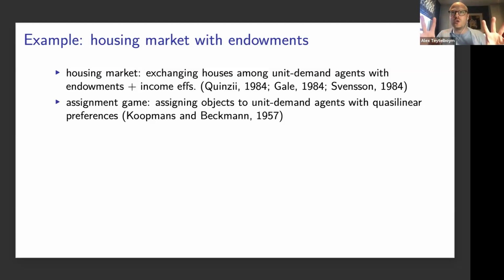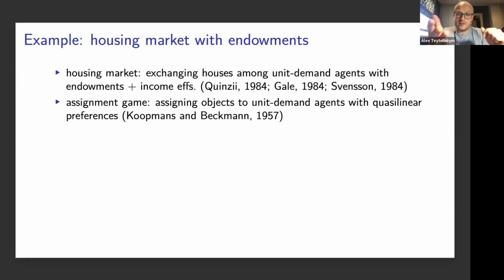So let's think about two very simple exchange economies in which agents want at most one house. Their utility function is a function of having some house and money. And we're going to consider two cases. One case is what's known as the housing market, in which money enters non-linearly.